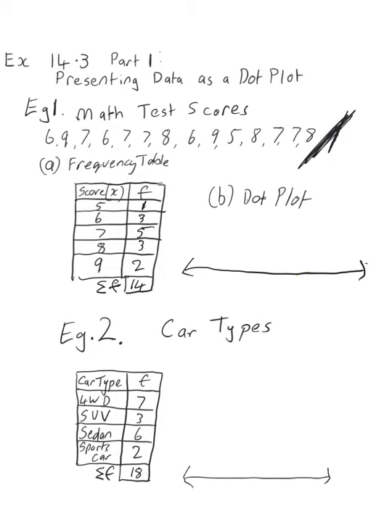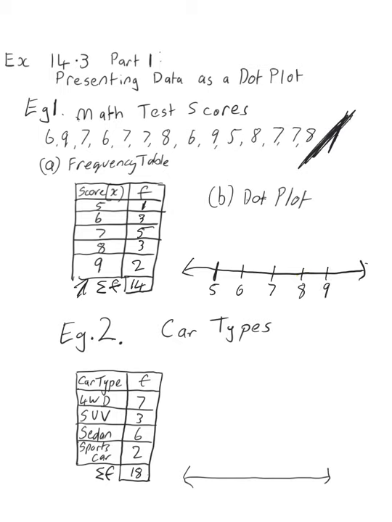This is the x-axis, or equivalent to the x-axis, and along the bottom we will just have whatever is in this column here, so our x values, okay. So in this case it's numerical data, so a score of 5, a score of 6, a score of 7, a score of 8, and a score of 9, okay.